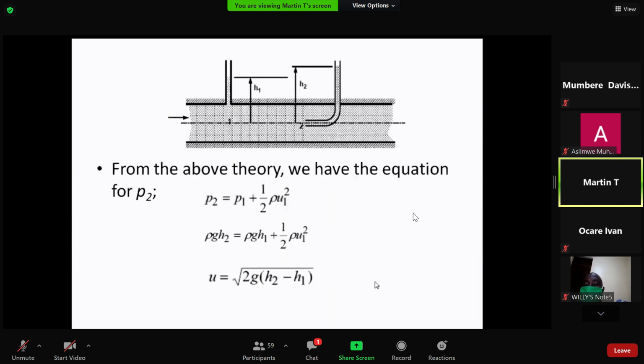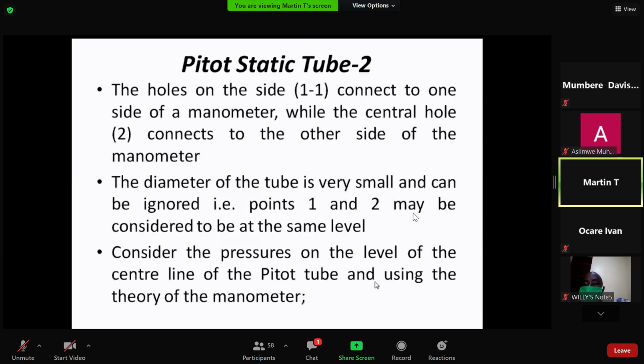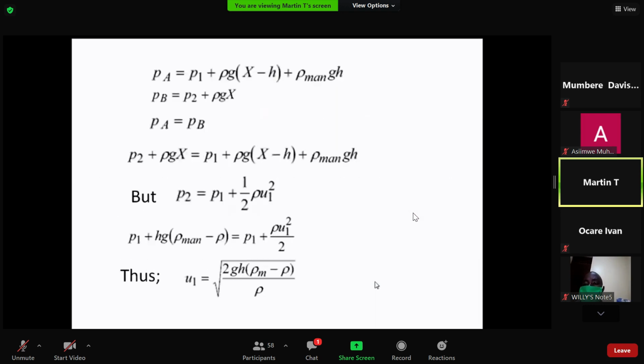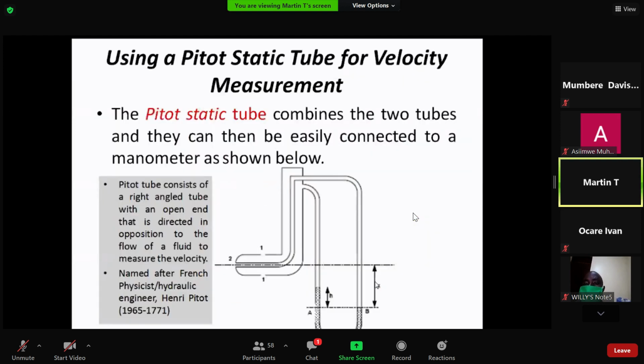Remember we said U is equal to √(2g(H2 minus H1)). So if I know the head difference, H2 minus H1, that means I can get velocity. So we are trying to use now the theory of manometers, you attach a manometer. So that's how it comes out. Let's see. Let's look at point A.